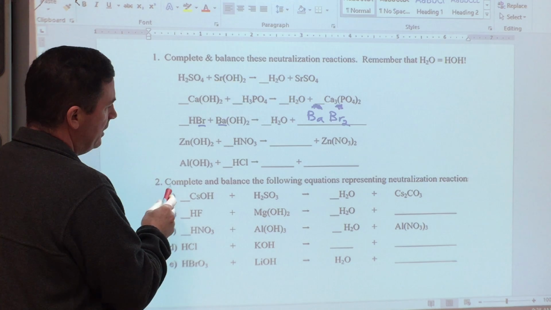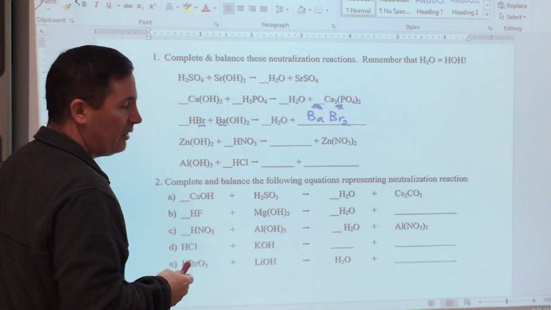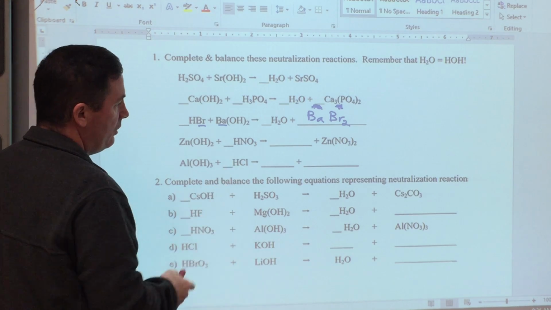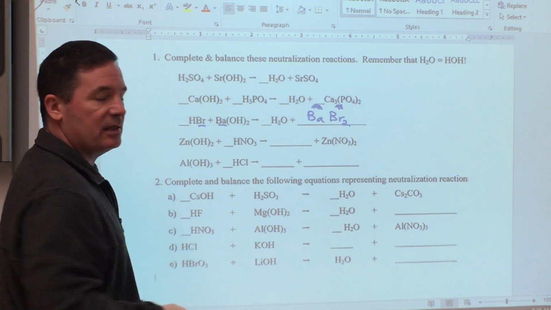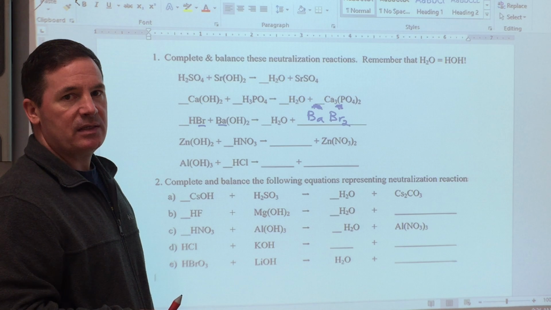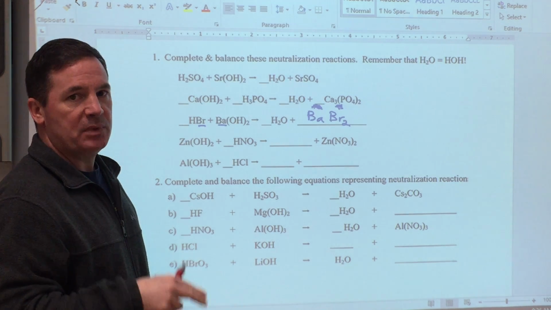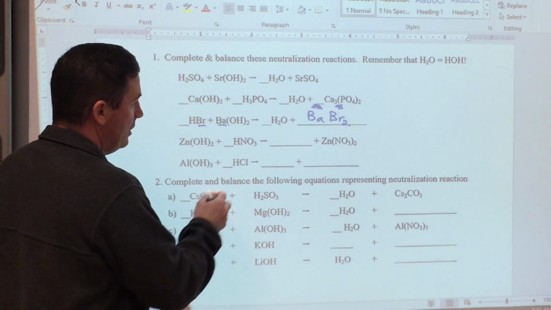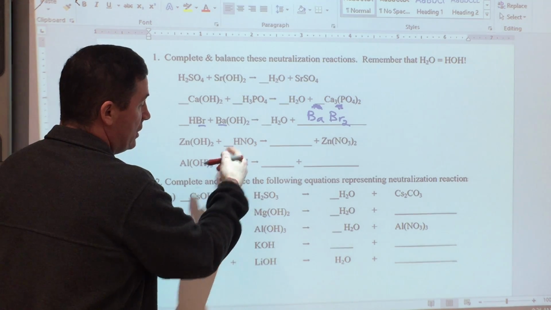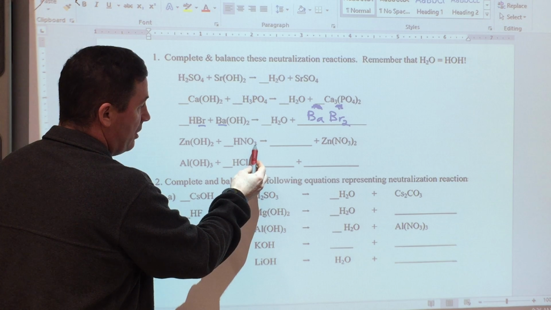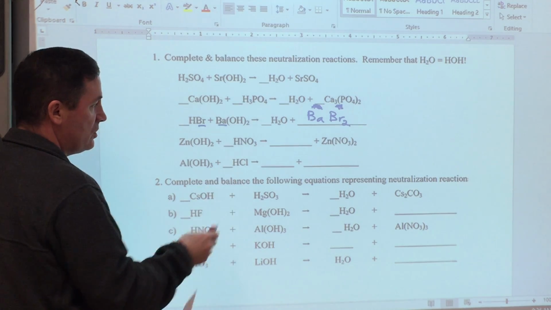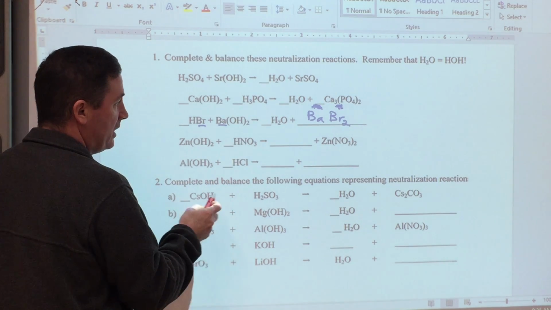Zinc hydroxide is a relatively weak base, and HNO3, this is the nitrate ion, and nitrates become -ic when we talk about acids, so this is nitric acid. Nitric acid is a strong one. Look at the ratio, or the number of oxygens compared to hydrogens, 3 to 1, so I've got 2 more oxygens than hydrogen. So this is a strong acid and a weak base.